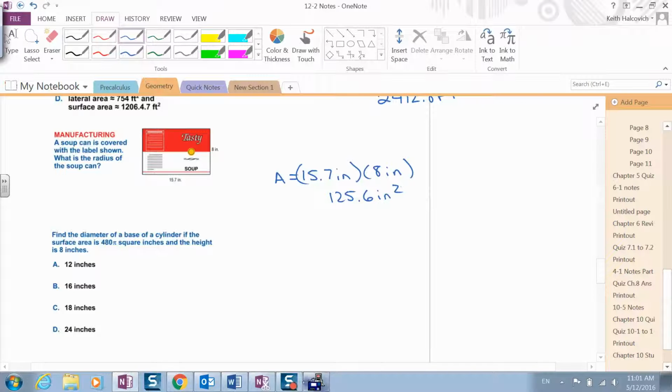Now, if you notice, that means the soup can has an area of 125.6 square inches. So remember, the area of the circular part would be pi r squared.